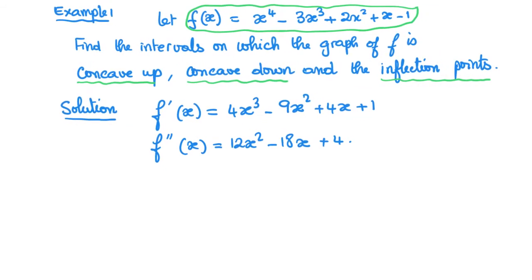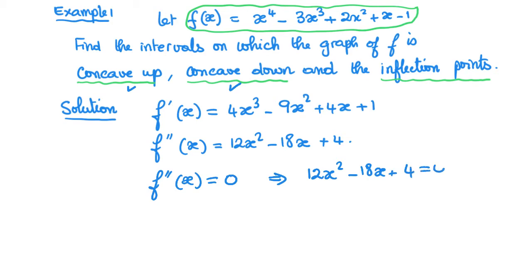Because I want to determine where the function is concave up, that means I want to know where the second derivative is positive and where it is negative, to find where the function is concave down. Therefore, really what I want to do is first solve f'' equal to 0. So find where this second derivative is equal to 0.